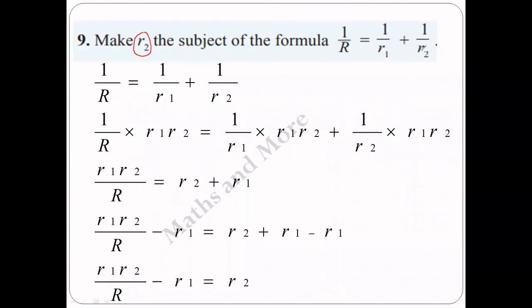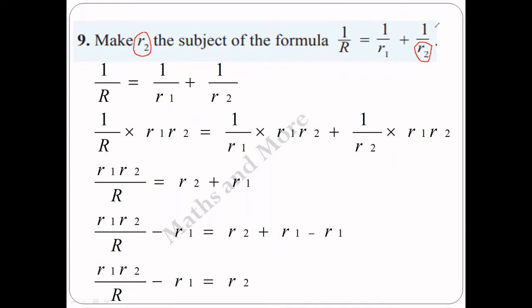Now this one is somewhat different. All are given with numerator 1. R2 is here, that is in the denominator. This one also, there are many methods to do this.